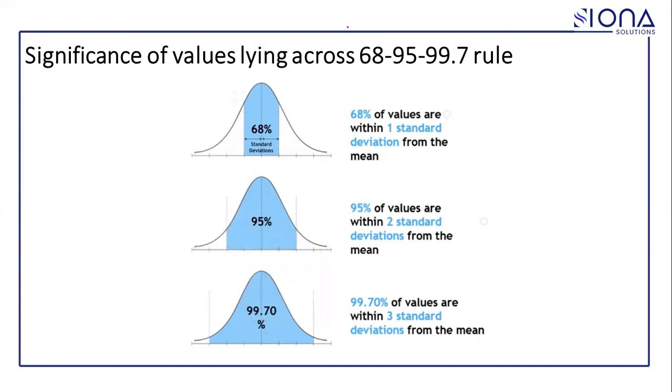We understood that when your data is normally distributed, around 68% of your data will be within one standard deviation, and when you move two standard deviations from the center, you get 95% of your data, and when you move three standard deviations, you get 99.7%.